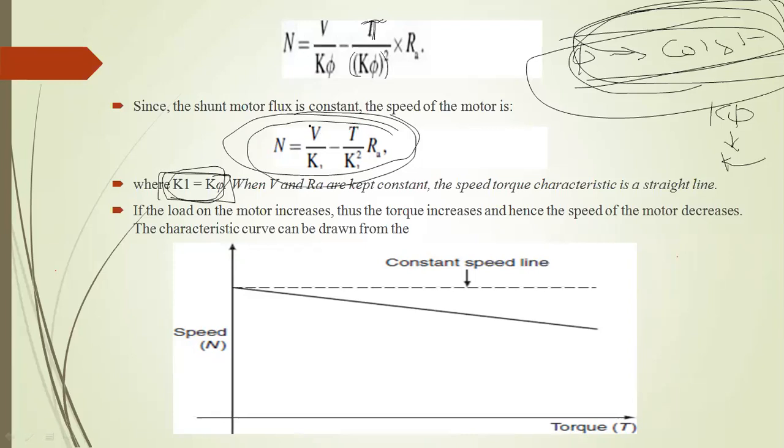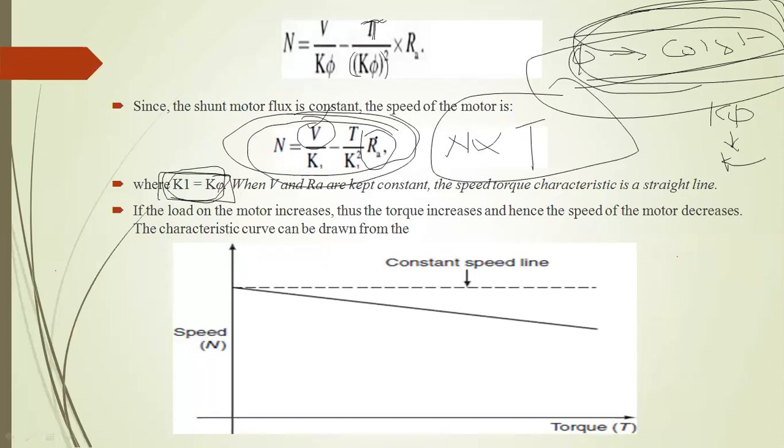In the characteristics of speed and torque, they keep the voltage constant and the armature resistance constant. By keeping both terms constant, the speed torque characteristic is that N is directly proportional to tau. That's it, because everything else is constant.